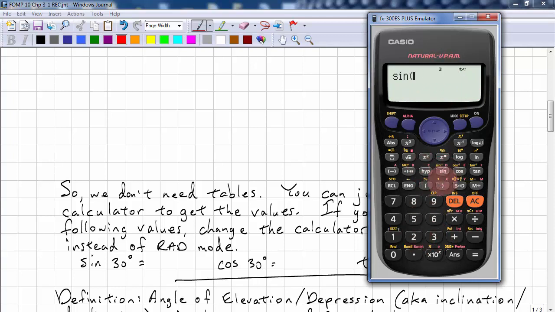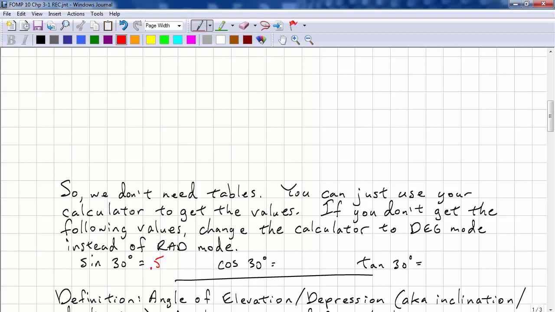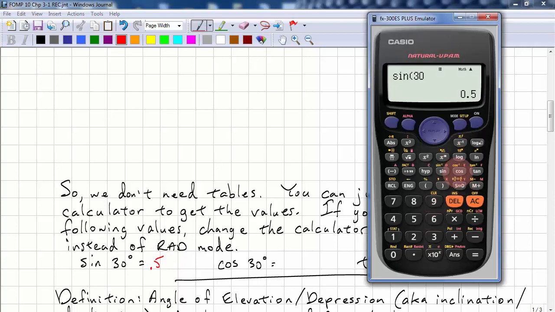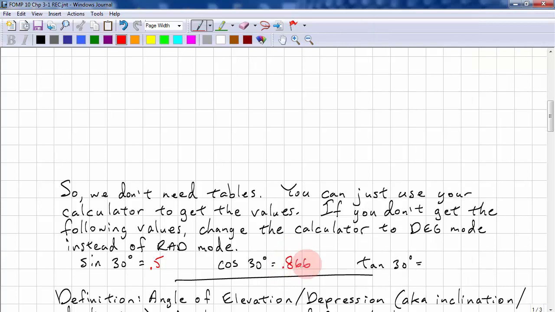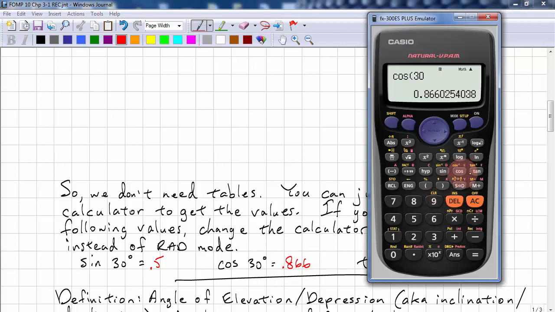So I can just do sine 30, and that gives us a half, which is 0.5. Cos 30. And you should check this on your own calculator to make sure you're getting the same values and that it's in the correct mode. 0.866. And tangent 30. 0.577.